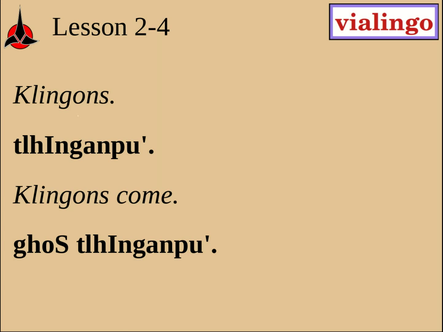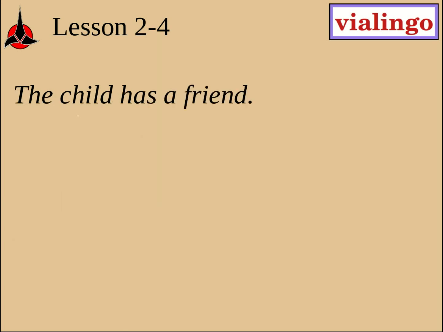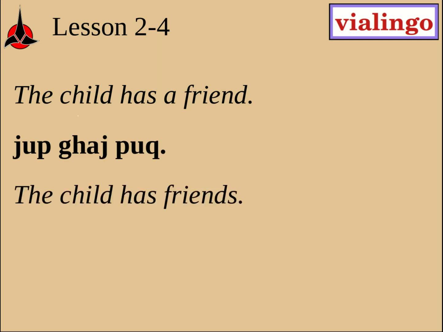Klingonpo. The child has a friend. Jup, ghaj, puk. The child has friends. Jup, puk, ghaj, puk.